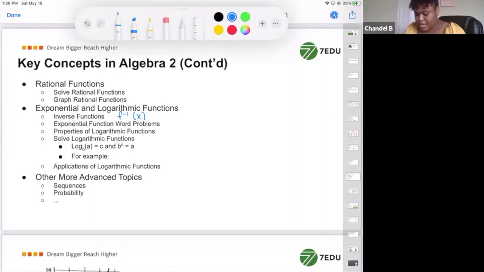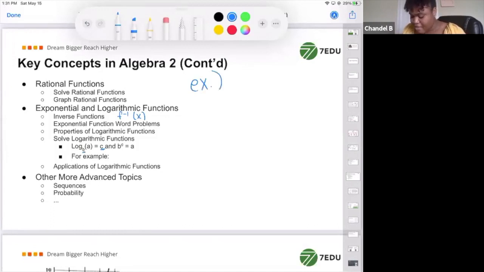So for here, I wanted to give an example of something you might see to prepare you. If you have log base b of a equals c, then you could say the little number b raised to the c power equals a. So I'll give you guys an example and then have you guys try one.